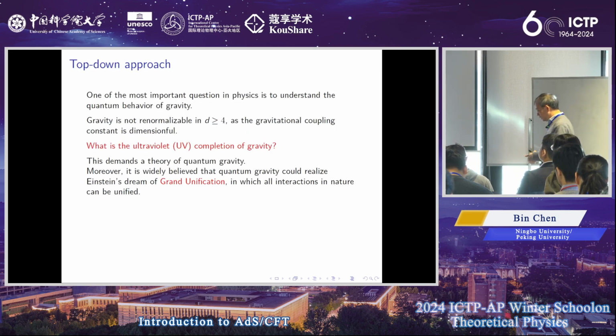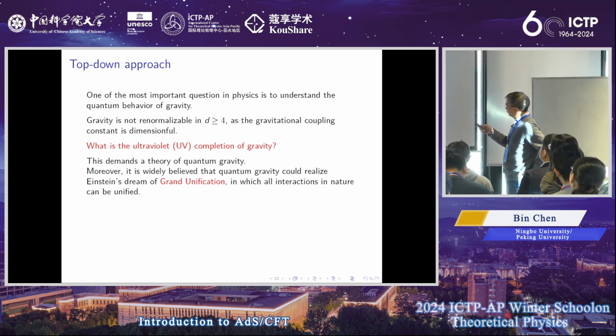Okay. And so I think in the market we have various kinds of this gauge/gravity duality. So how to establish this duality, this correspondence? Basically there are two approaches. One approach we usually call the top-down approach.